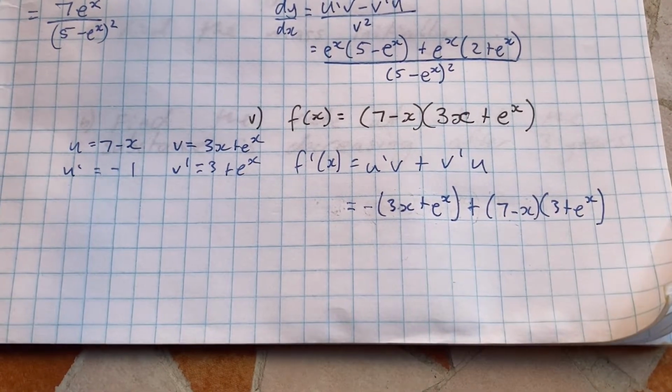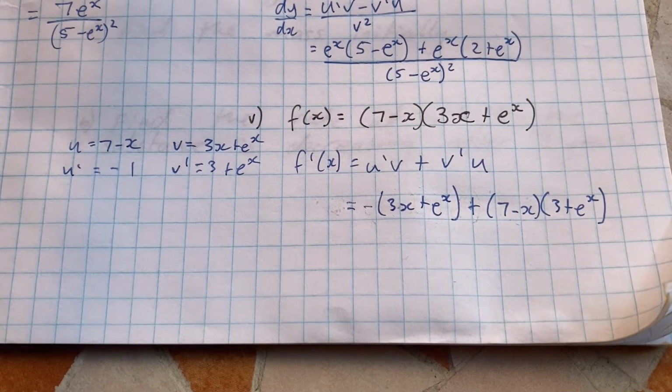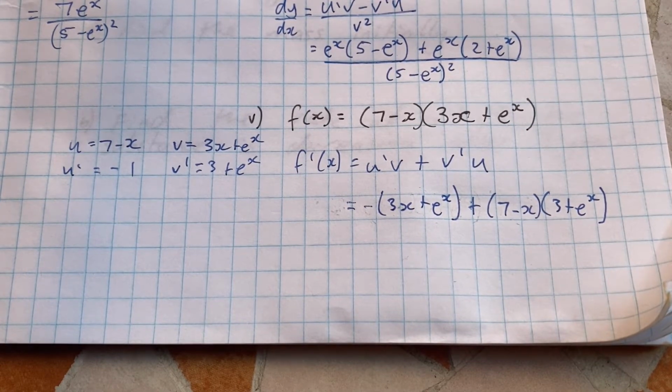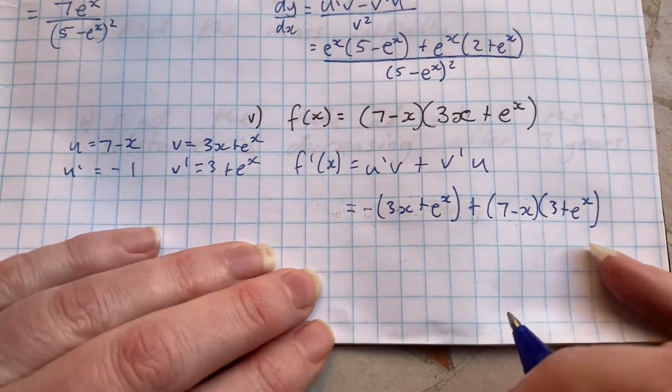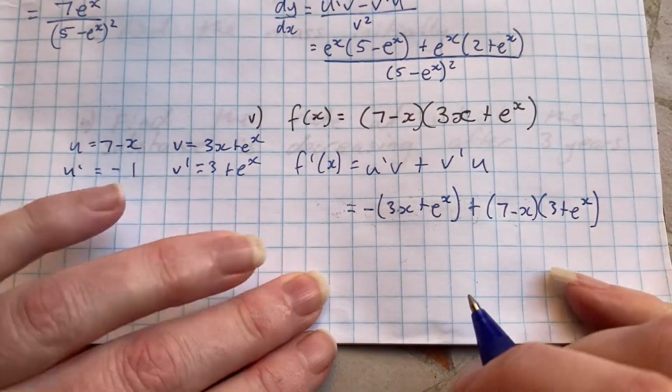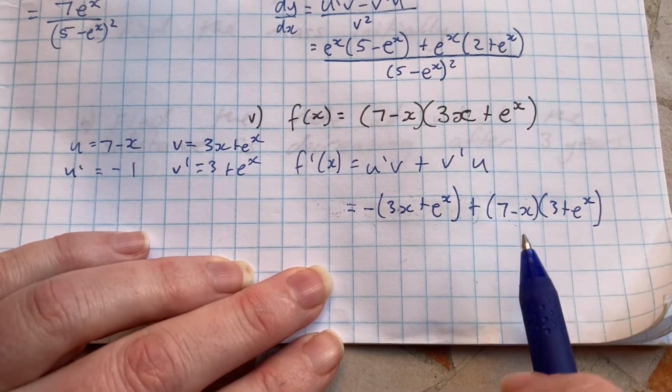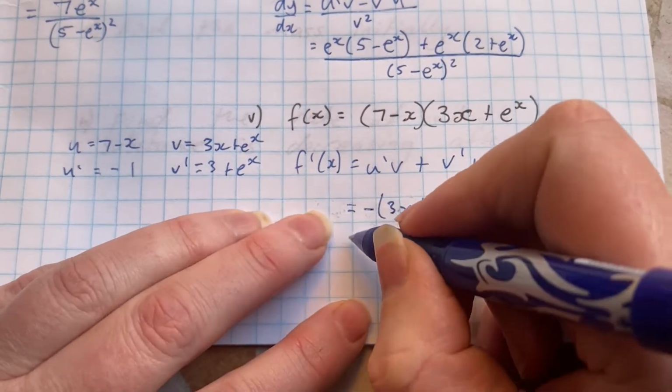Okay, now it is always worth considering what happens if you expand and simplify. This one looks a bit tricky to know whether it's going to expand and simplify nicely or not. Technically you can just leave it like that. But let's just have a look and see what happens when I expand it out.